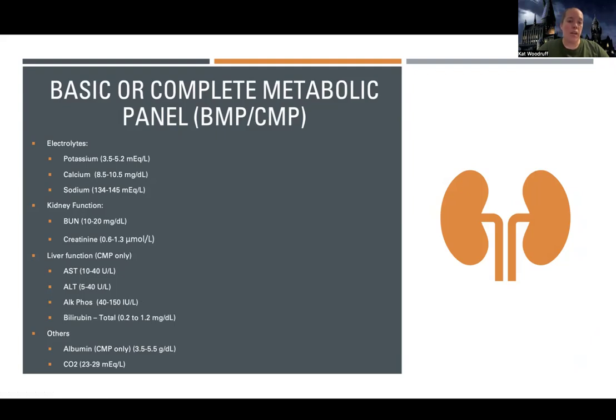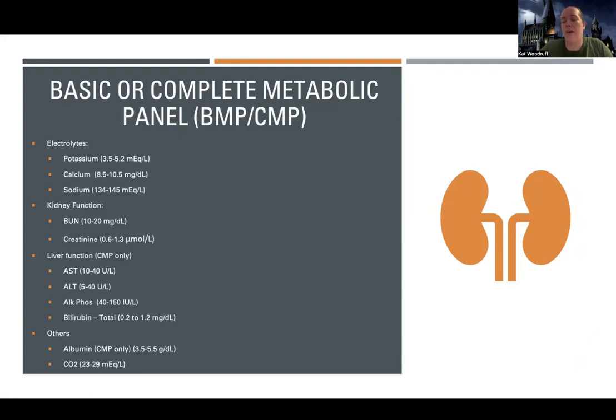Other things in your chemistry include albumin, which is on the CMP only. Albumin is one that a lot of times people get caught up on. Albumin is a plasma protein in your blood, and measuring it tells you how much you have.